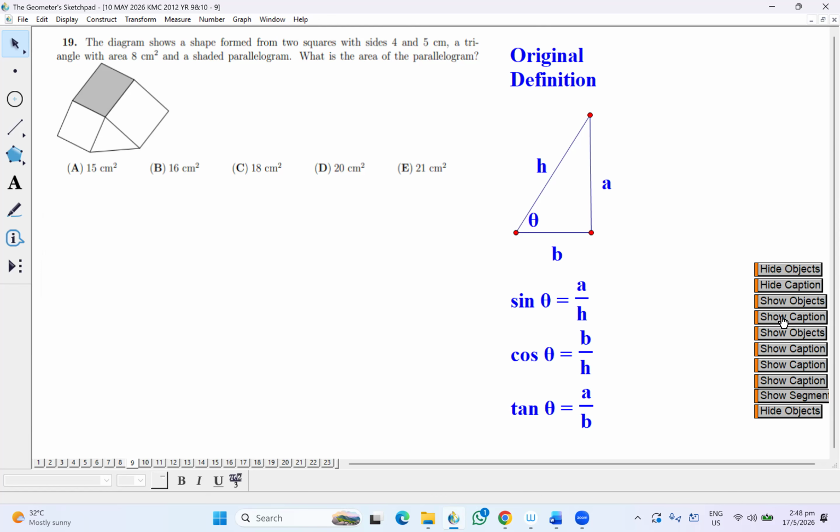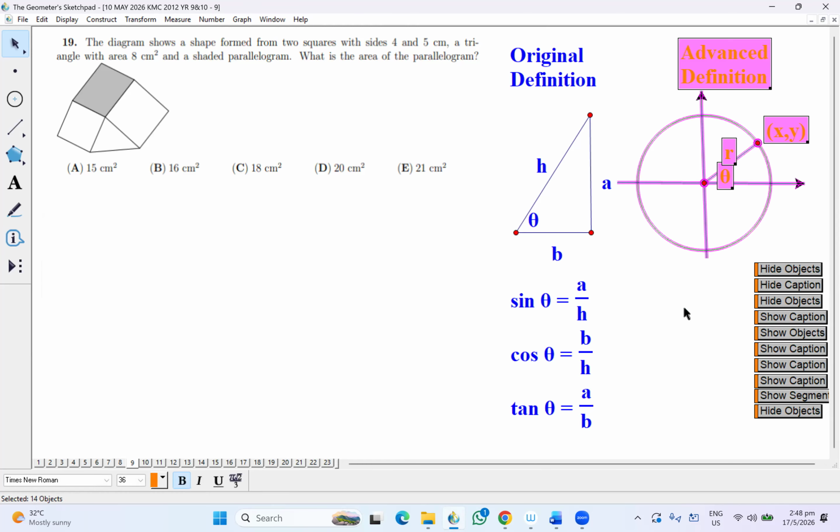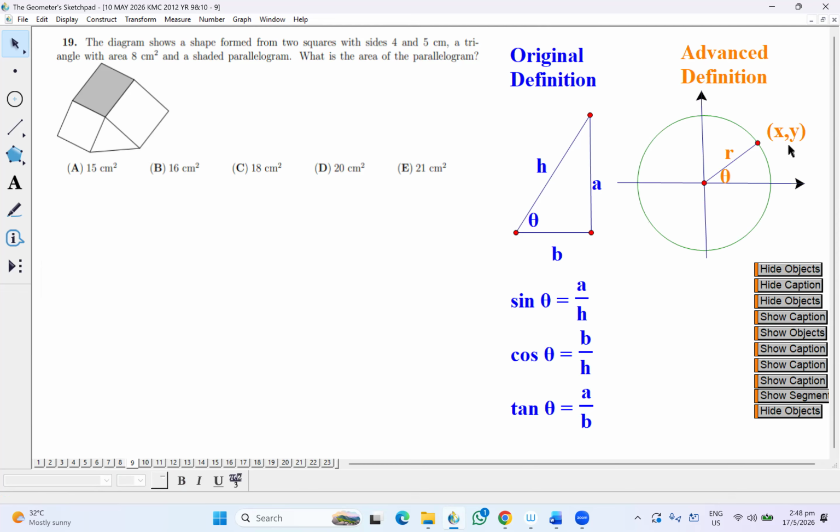The advanced definition uses no triangle. They use coordinates, a point on a circle. The circle has radius r, and x and y are the coordinates.